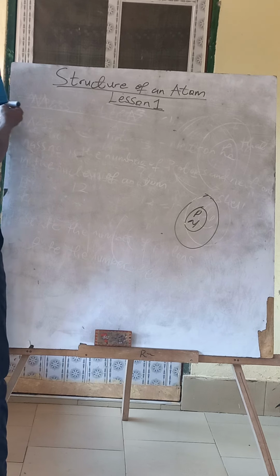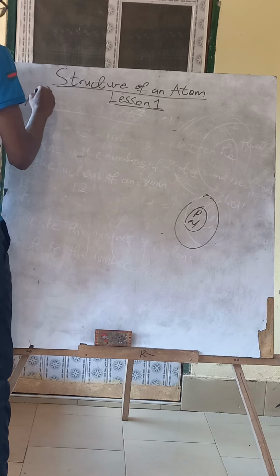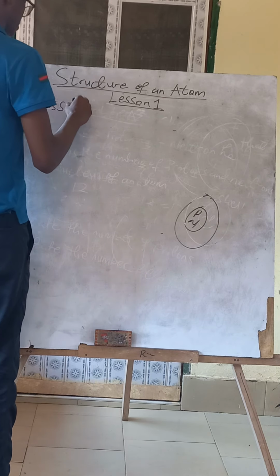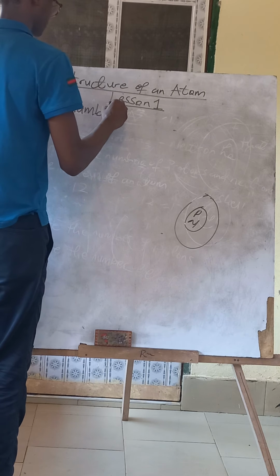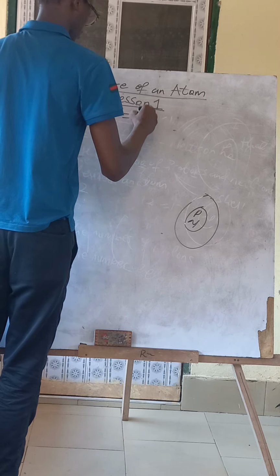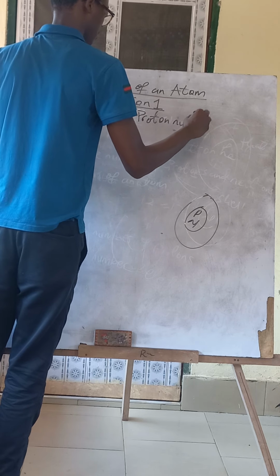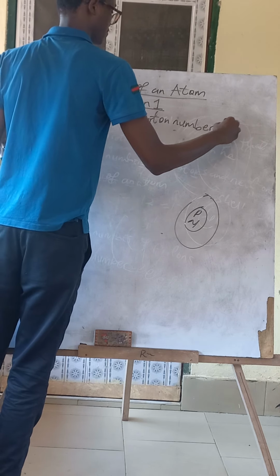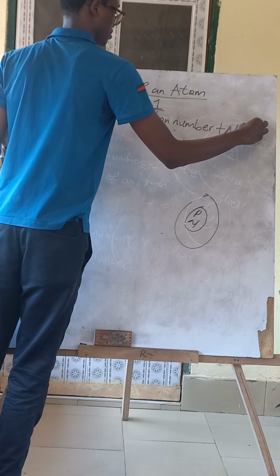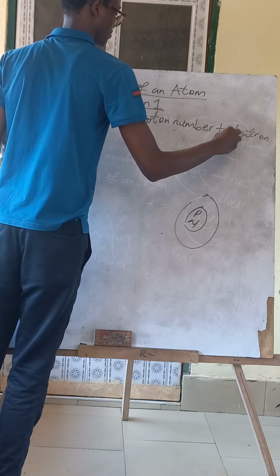Mathematically, we can say that mass number equals the proton number plus the neutron number.